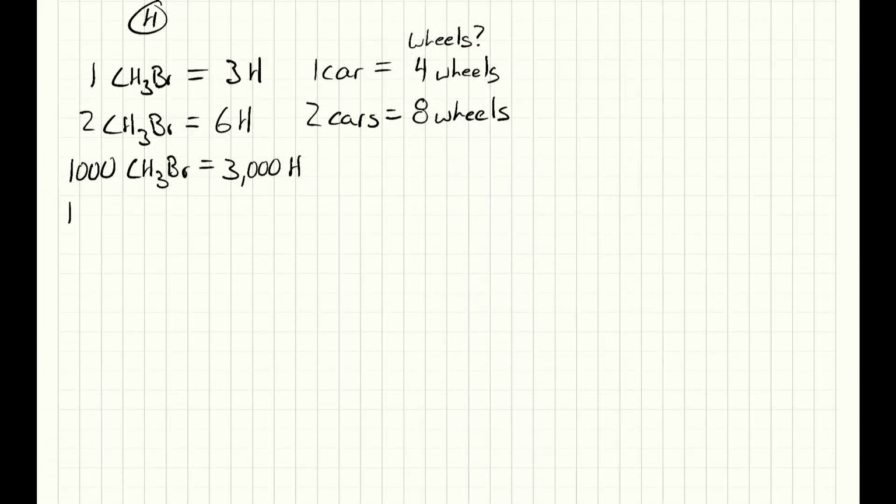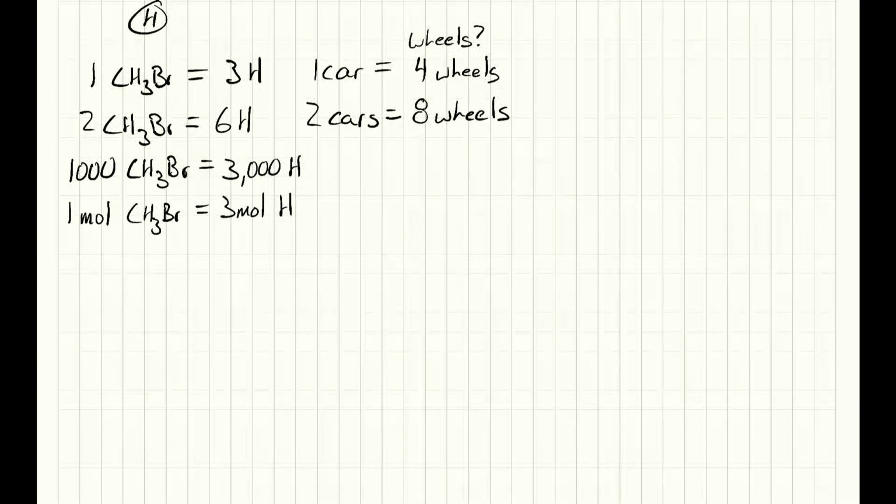Let's say we have 1 mole of CH3Br molecules. How many hydrogen atoms do we have? Well, it would be a lot to say how many individual hydrogen atoms we have, so let's just work in terms of moles. So we take our 1 mole, multiply it by 3 hydrogens, and we have 3 moles of hydrogen atoms.